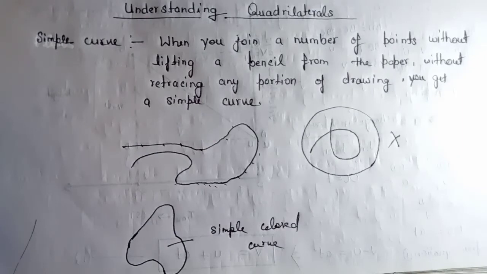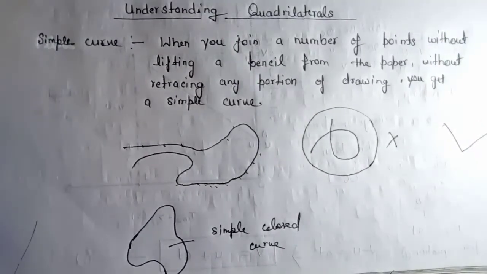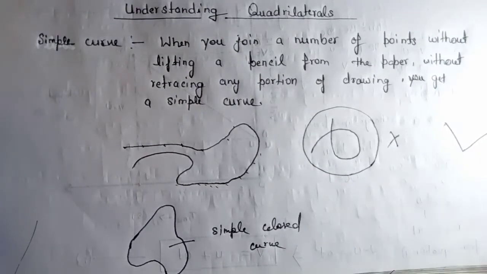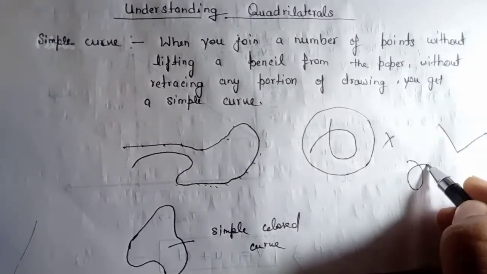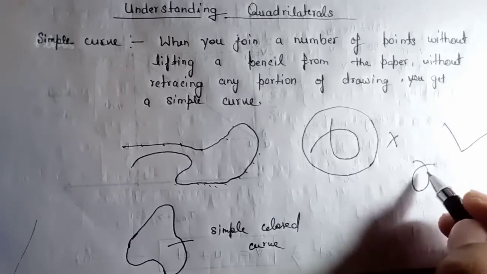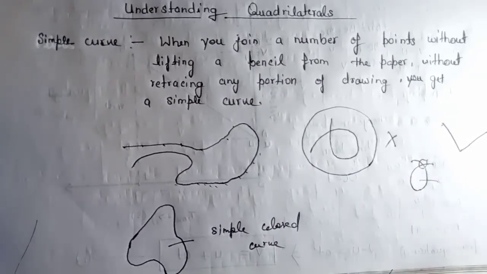Now we will see some diagrams where we have to select which one is closed, which one is open, which one is a simple curve, which one is not a simple curve. So you have the first diagram, and this is a simple curve which is not closed. We have another diagram, you can see this is not a simple curve because it is crossed here, but it is closed.